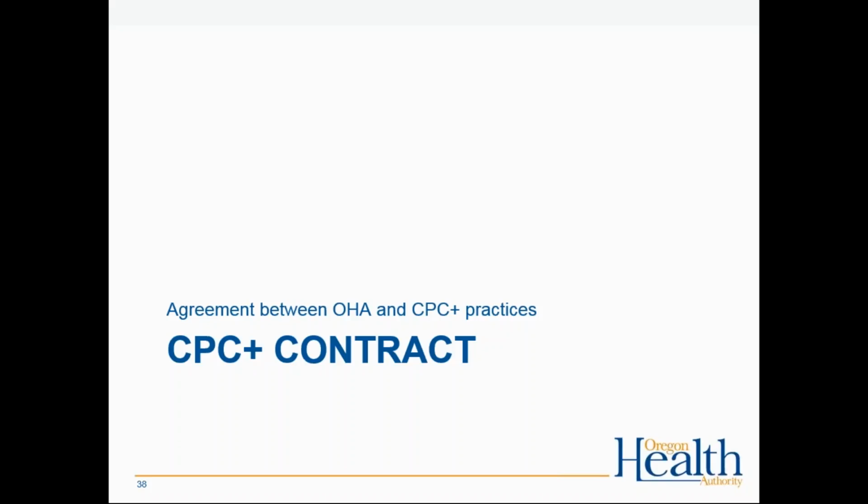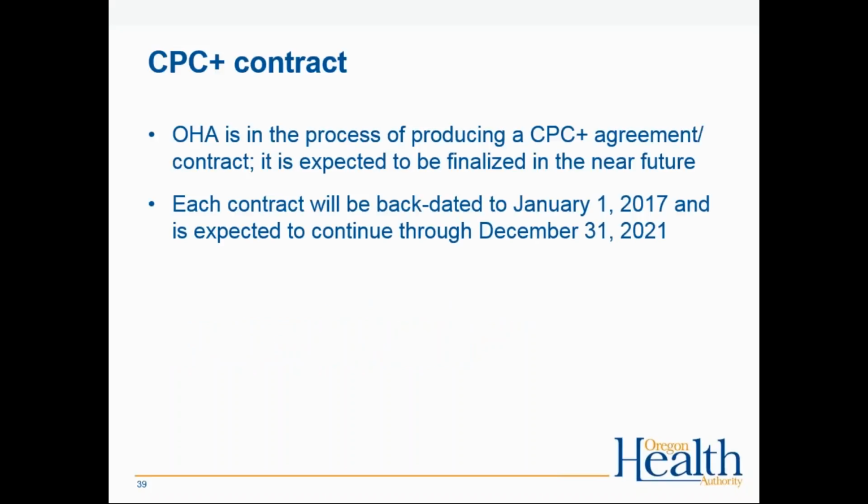All right, very good. So just a little bit of information on the contract. We're in the process of producing an agreement, and it is expected to be finalized in the near future. Just like PCPCH, each contract will also be backdated to January 1st of 2017, and it's expected to continue for the full cycle through December 31st of 2021. This is an agreement that was developed through the multi-payer regional collaborative.